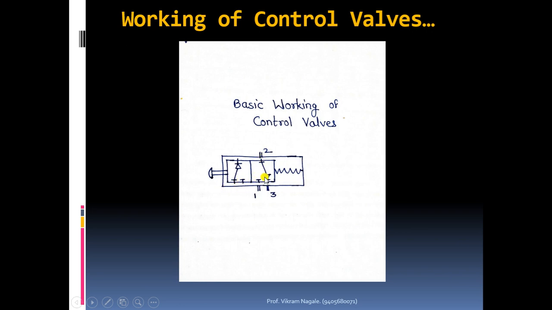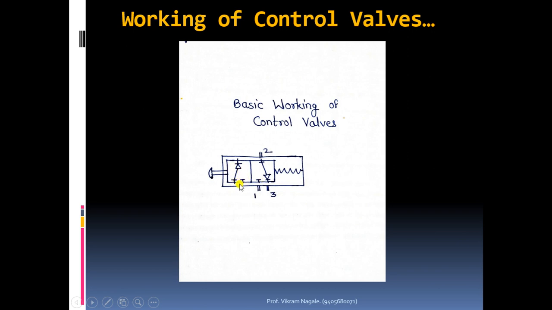But port 2 is connected to port 3, which means the air present on the right hand side will come from the output side and go to the input side at port number 3, and as port number 3 is open to the atmosphere, the air will go to the atmosphere. And the air which is coming from the air service unit will not go further because the connection is not there between port 1 and 2.